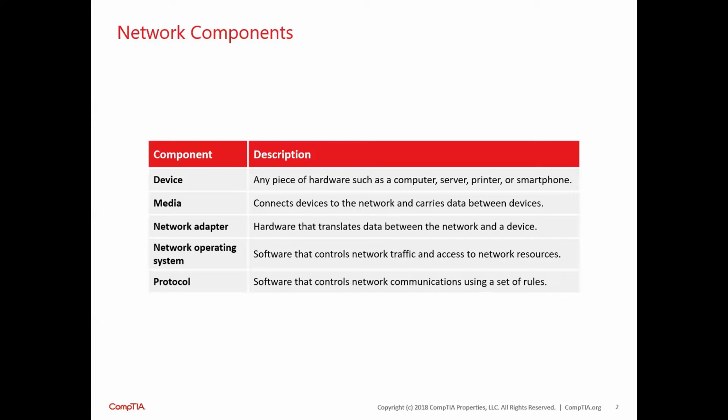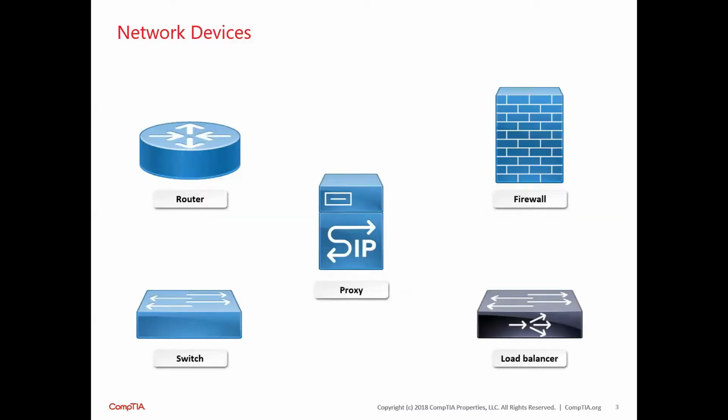And then we have the network operating system, which is the software that controls network traffic and access to network resources. Your Windows, your Linux, your Mac are examples of this network operating system. They are capable of providing controls to the network traffic, and of course, access to network resources on your network. And then we have the protocol, which is the software that controls network communication using a set of rules.